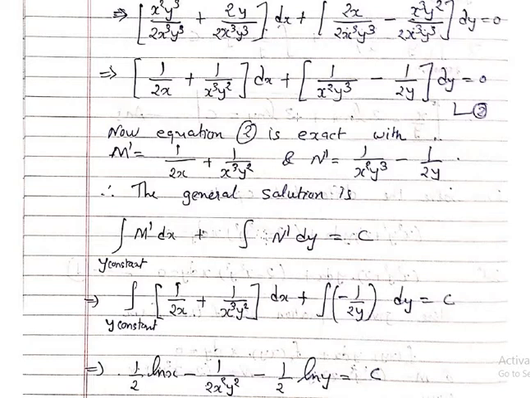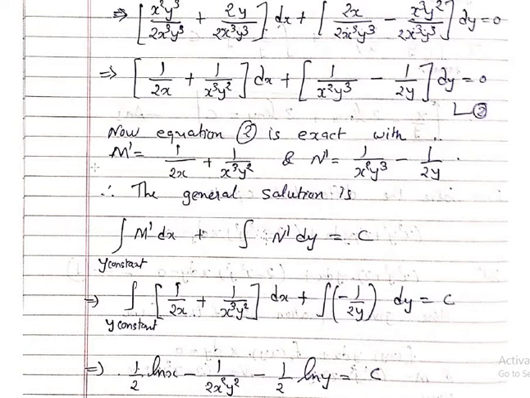So these two derivatives are the same, and this equation is exact. So equation 2 is exact. So M dash is equal to 1 upon 2x plus 1 upon x cube y square, and N dash is equal to 1 upon x square y cube minus 1 upon 2y.